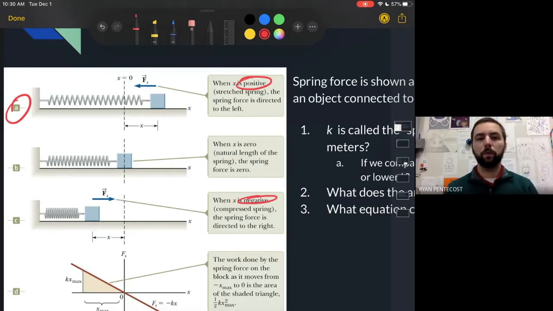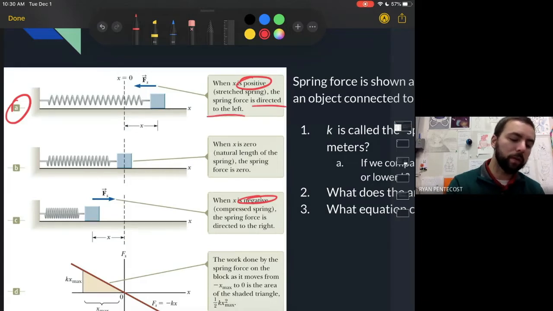Now, this is, of course, going to be subject to whatever system that you have going. If you're doing summation of forces or later on summation of work, your system can have its own defined positive and negative. But relative to the spring, it is traditional to say that X is positive when it is stretched, and the spring force will be directed to the left because it wants to return back to equilibrium. That's what springs want to do.